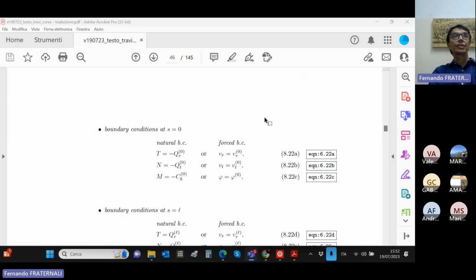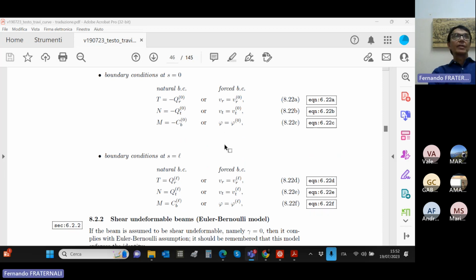And the boundary conditions are the same as have been discussed by Professor Cazzani. Basically, they are natural force boundary conditions, and they require that the values of the stresses or the displacements are known, are prescribed, at the two bases of the beam.